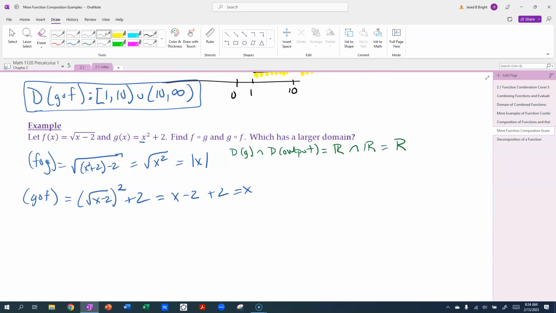So the domain here is all real numbers. Absolute value of x is defined for all real numbers, and the input, x squared plus 2, was defined for all real numbers as well.